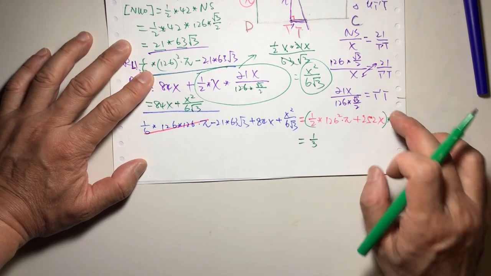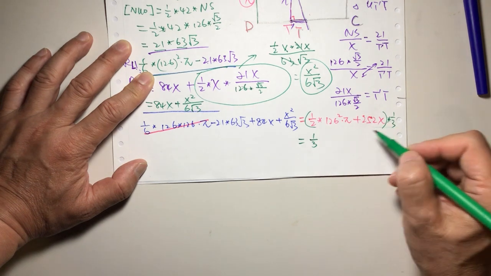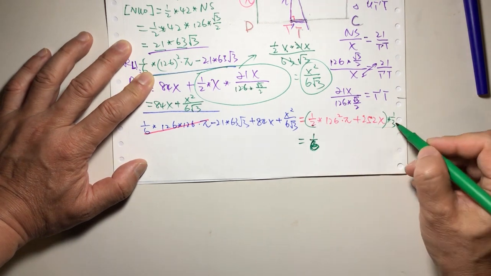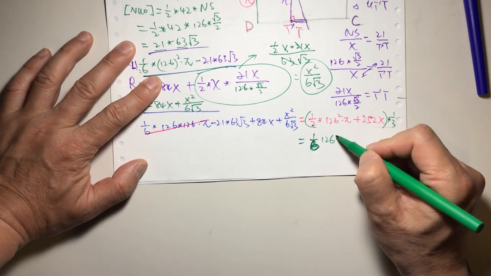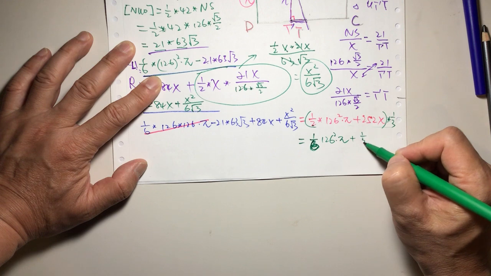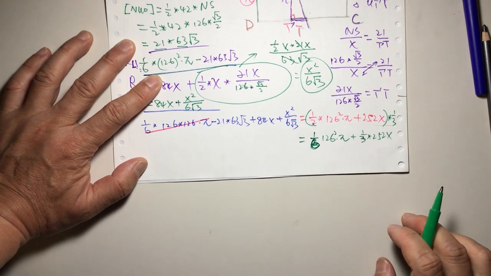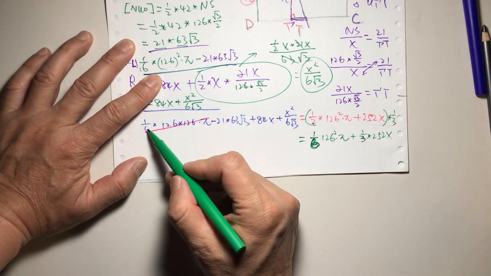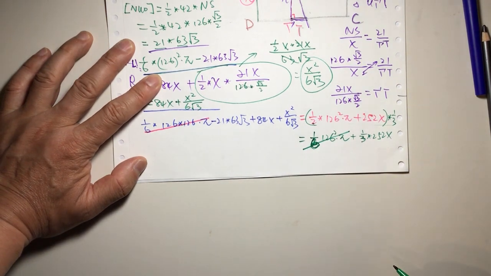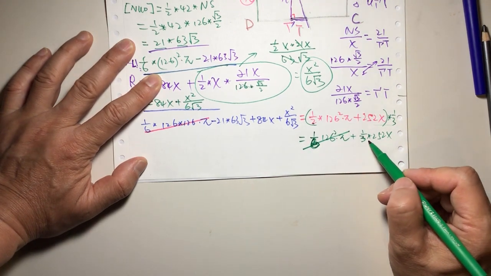Then it's 1/3. So it means this part, we just calculate 1/6, that's 1/2 times 1/3. So 126 squared times pi plus 1/3 times 252x, right? So 1/6 pi is totally cancelled. Then we just get this is how much for x.